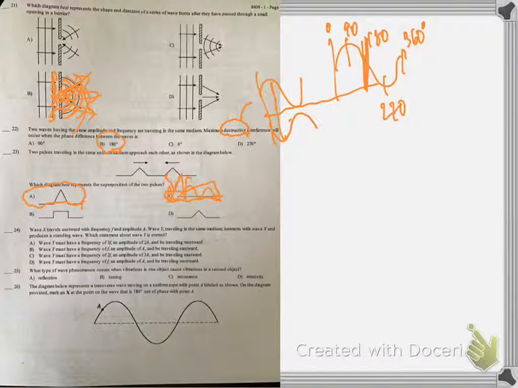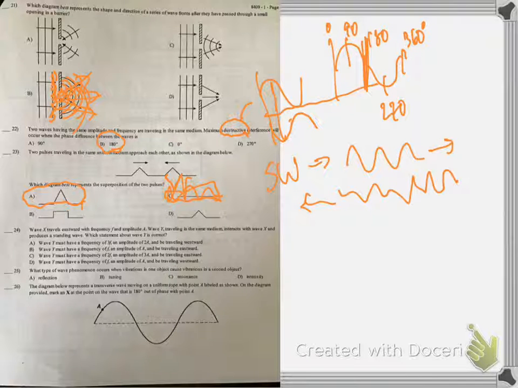All right, wave X travels eastward with a frequency F and amplitude A. Wave Y, traveling in the same medium, intersects with wave X and produces a standing wave. So standing waves come about because you have one wave traveling in this direction, and you have the identical wave, which is awful, traveling in that direction.